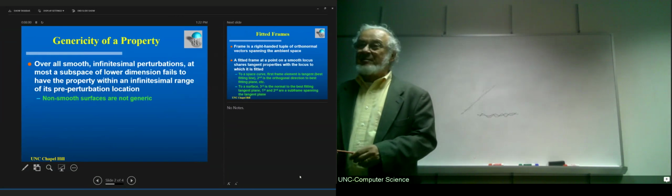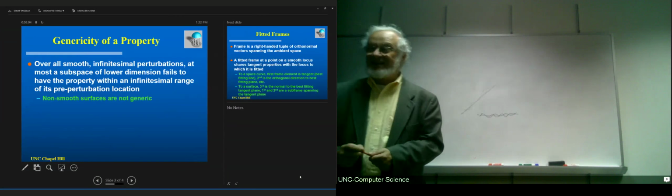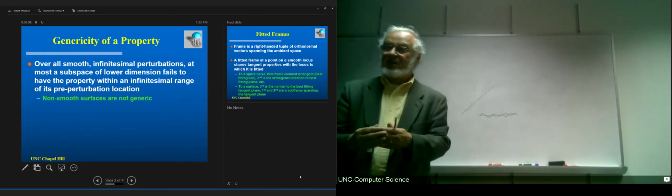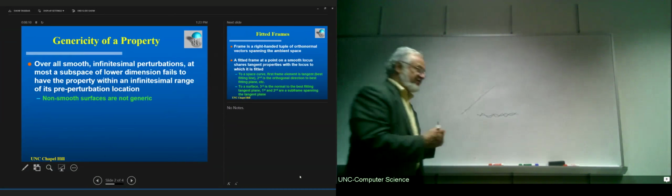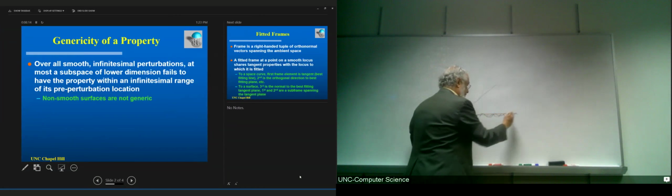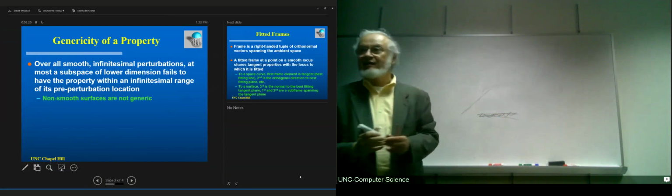It turns out that 0% of the time is a perturbation of a straight line still a straight line. It's a lower dimensional subspace of perturbations. The only perturbations that would leave things as a straight line would be the smooth one that gives you this, or the smooth one that gives you that, or maybe the one that gives you this diagonal.